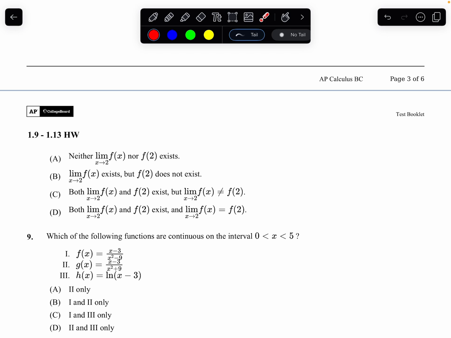That seems to check out with what we just saw, but let's check C and D just to be sure. We've already identified that f of 2 does not exist, right? So the problem with A is that one. The problem with C or D is that f of 2 exists. So B is the answer.